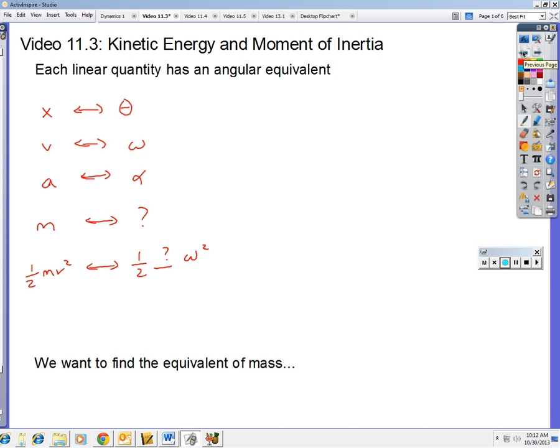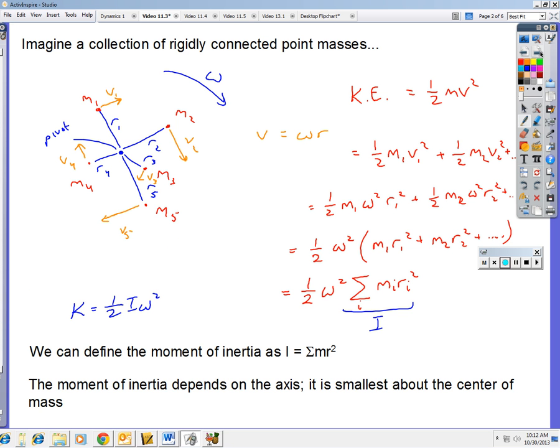So m is going to be equivalent to this moment of inertia, and that's what's going to go in here. And so our equation for kinetic energy has a rotational analog, just like everything else, as long as the moment of inertia is defined to be the sum of the masses times their distance from the pivot point squared.